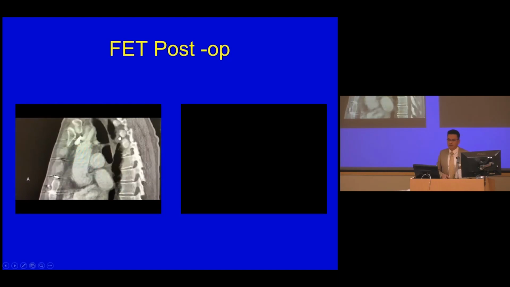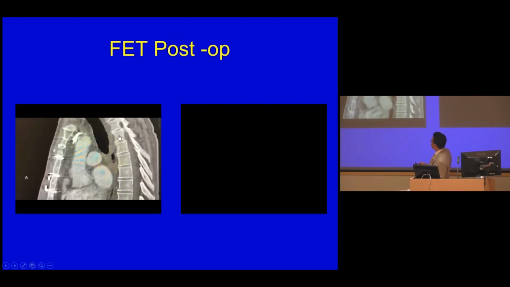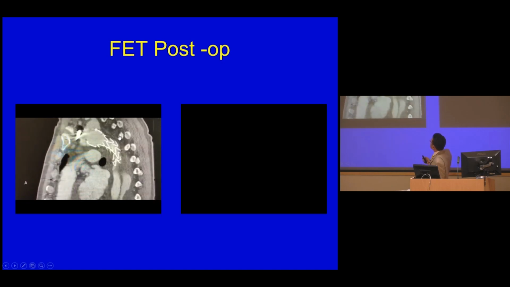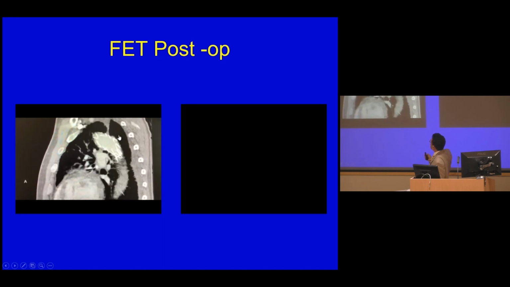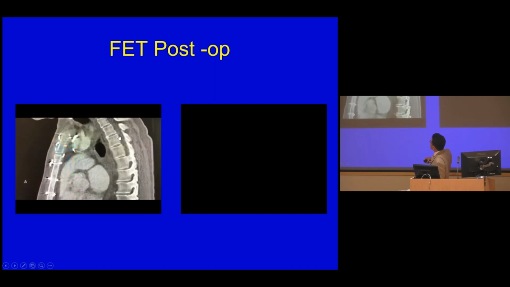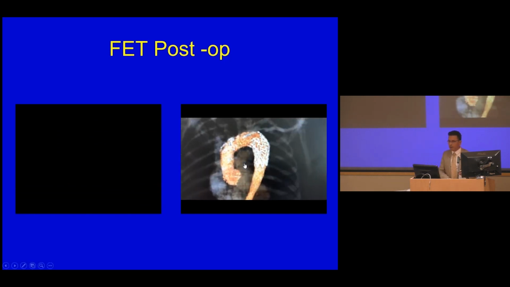So this is the CT scan of this patient post-op, and the ascending aortic repair has been done. You can see the frozen elephant trunk here. You can still see residual of the false lumen, but eventually, with time, at about the 1-year mark, you hope that you will see a remodeling of the vessel.